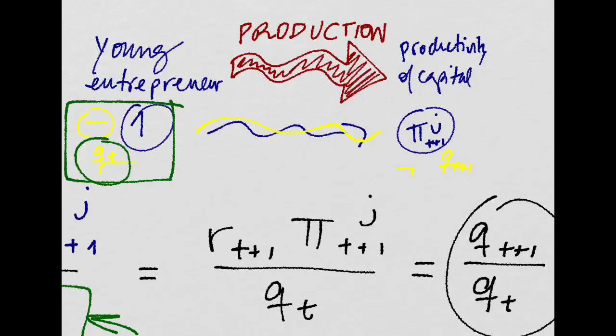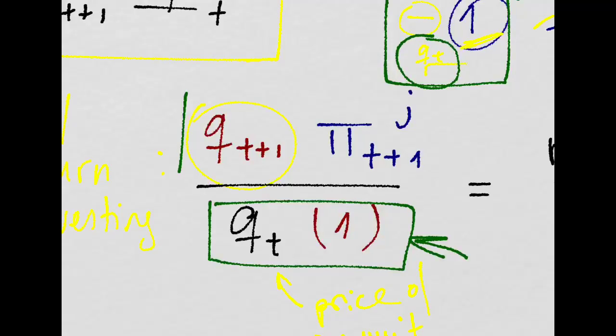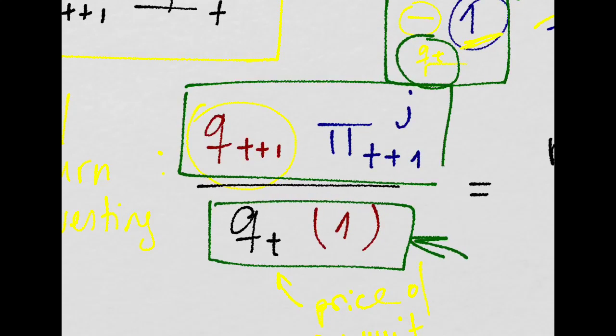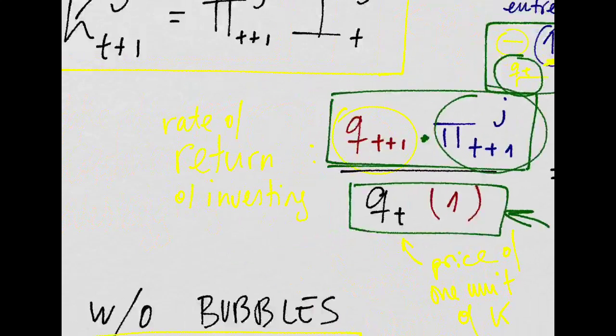Now, in T plus 1, for each unit of capital, you will be getting pi j T plus 1, and you sell that for QT plus 1, the future price of capital. That means that your future revenue is just going to be QT plus 1 times this productivity term. And if you divide the two, the revenue divided by the cost, you're getting the rate of return of this investment.